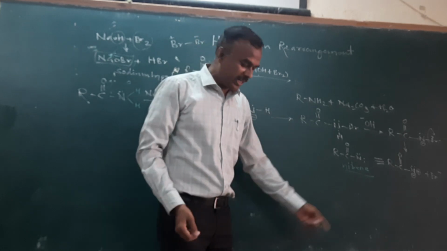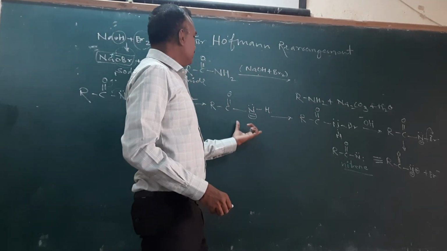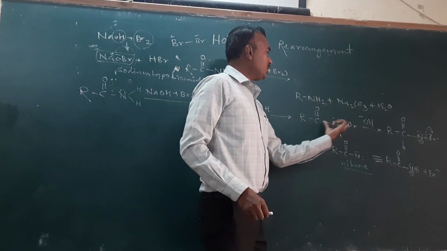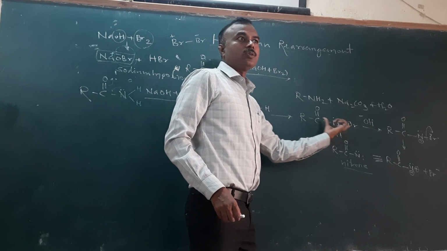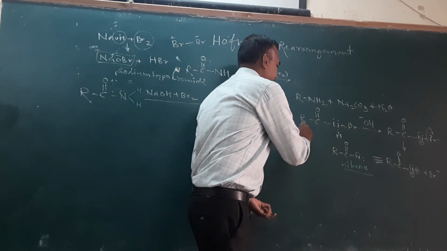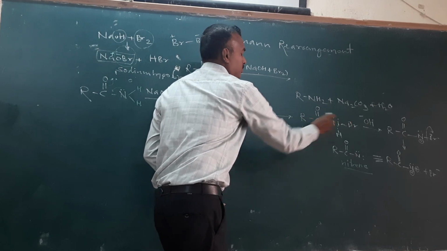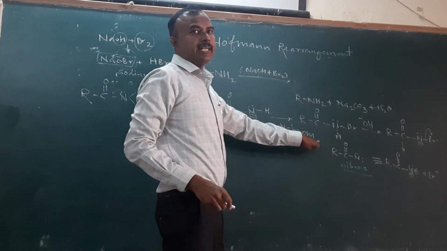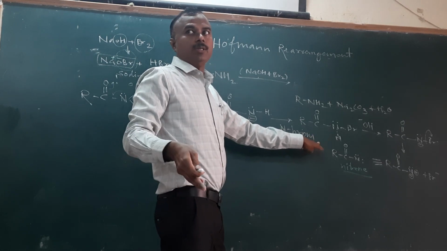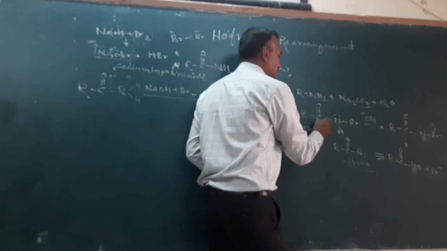Today what have we seen? Nitrene. Now this is an N bromo N alkyl, we should not write NO. Okay. So N bromo acetamide.